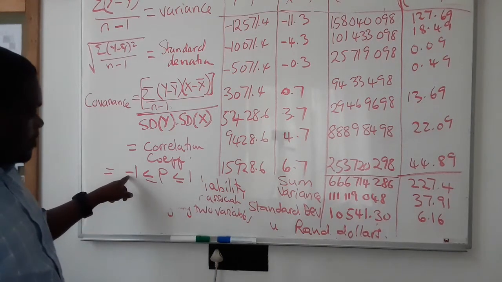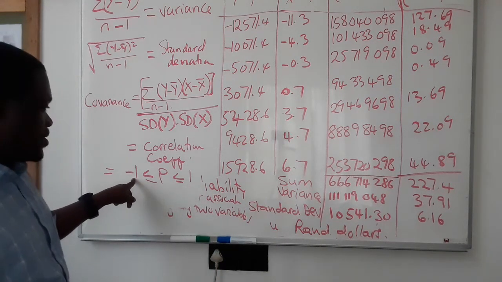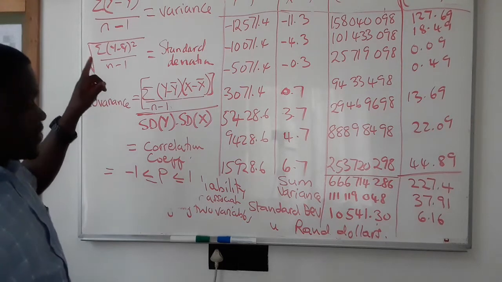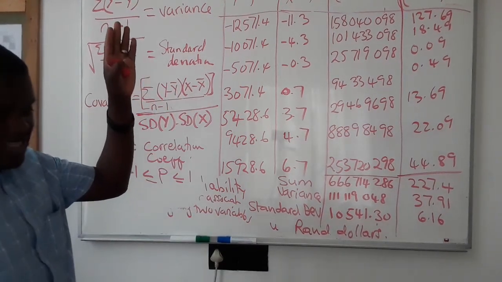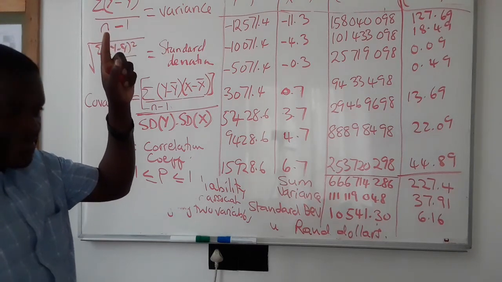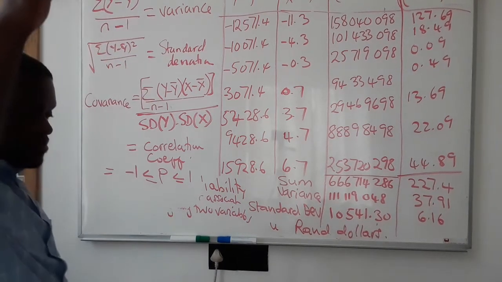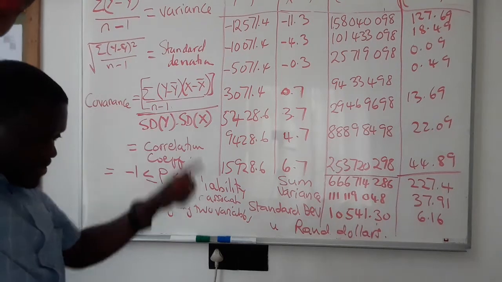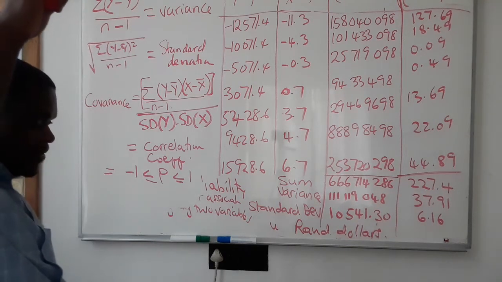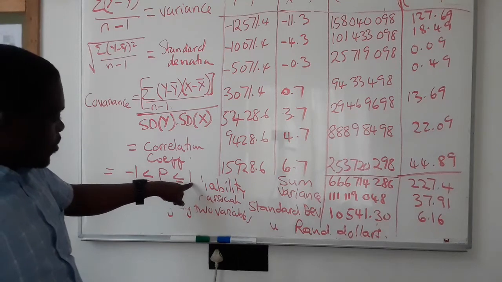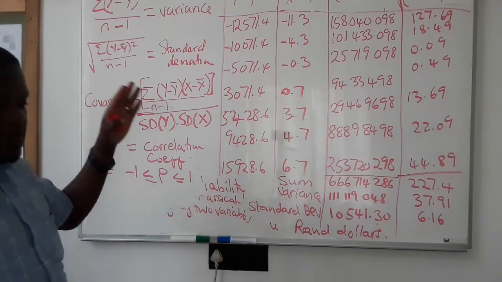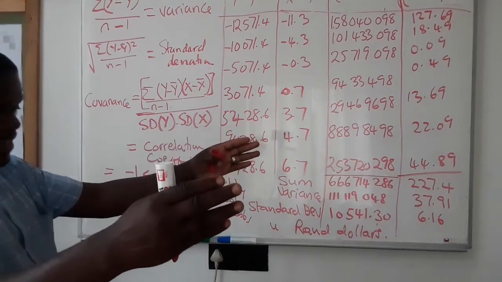If it is exactly -1, it means that education and wages perfectly move in opposite directions, 1 for 1. If education increases, wages go down. Now, if it is 1, it means they perfectly move together.